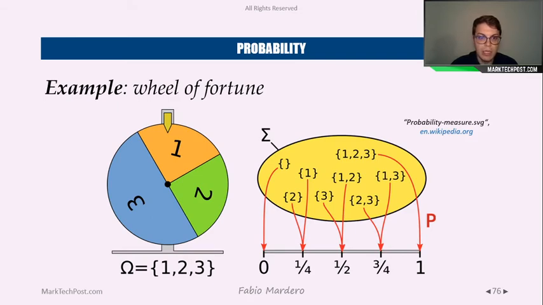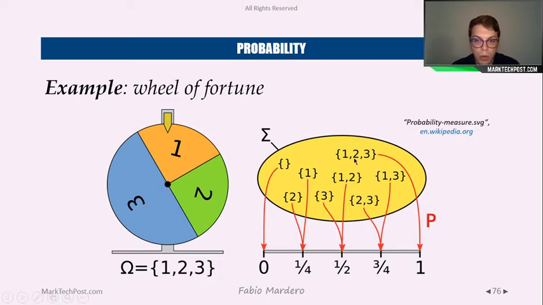For example, let's take this particular wheel of fortune from Wikipedia. In here, omega, our sample space, is 1, 2, and 3. We have different probabilities. And on the right side, you can see in this yellow set, which Wikipedia calls sigma, the sigma algebra of the sample space.